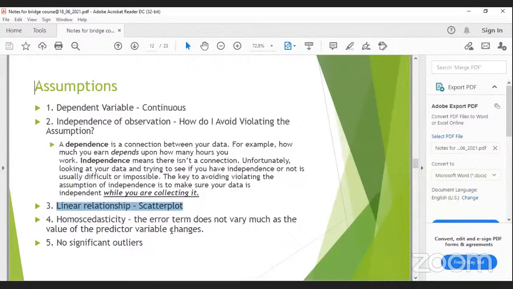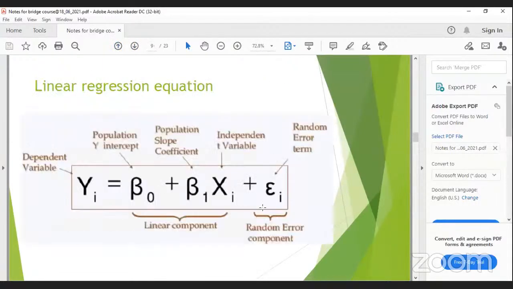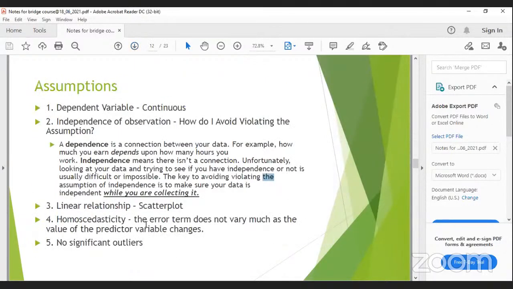Now there is another assumption, called homoscedasticity. You know there is an error term, e i, in the problem. If I'm talking about homoscedasticity, the error term does not vary as much as the value of the predictor variable changes.